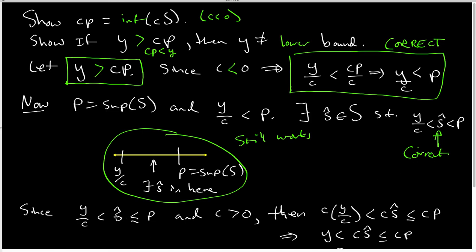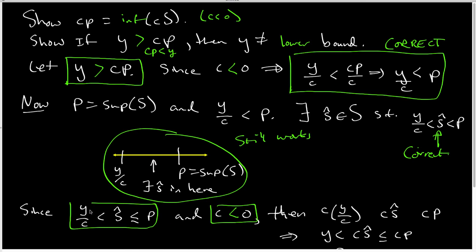And because this is true, and now we have another correction, C is no longer positive, C needs to be less than 0, that means when we multiply this inequality by C, both of these inequalities switch directions, so we have to correct these two inequality signs.